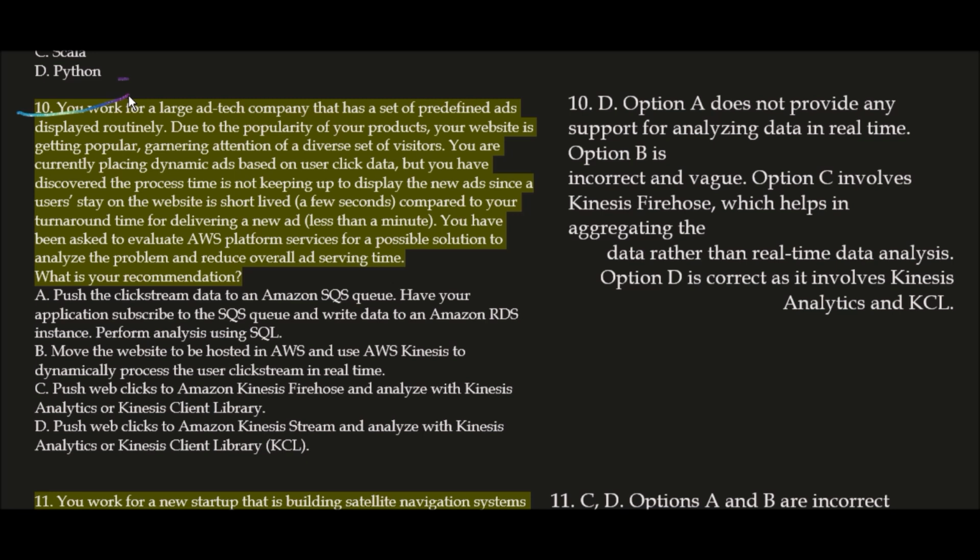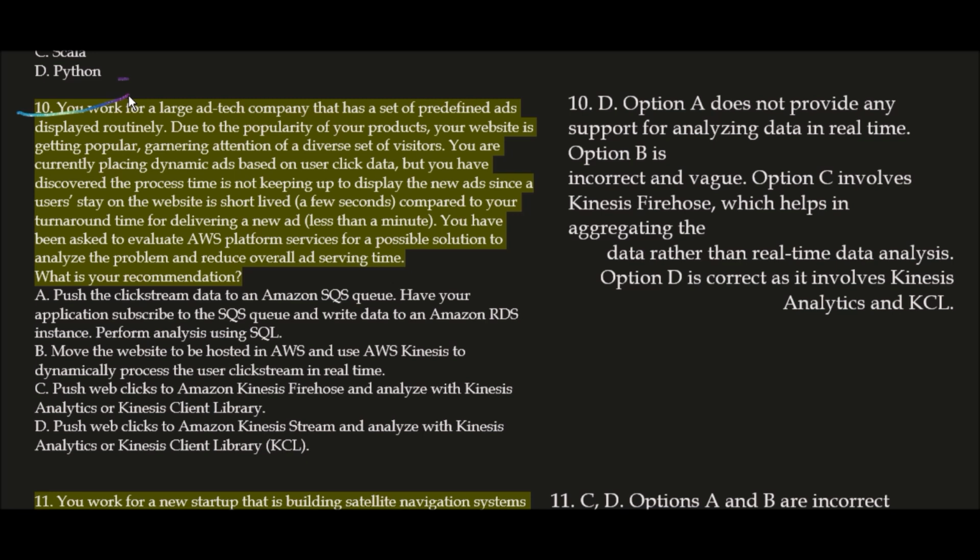You are currently placing dynamic ads based on user click data, but you have discovered the processing time is not keeping up to display the new ads since a user's stay on the website is short-lived, meaning a few seconds, compared to your turnaround time for delivering a new ad, meaning less than a minute. You have been asked to evaluate AWS platform services for a possible solution to analyze the problem and reduce overall ad serving time. What is your recommendation?